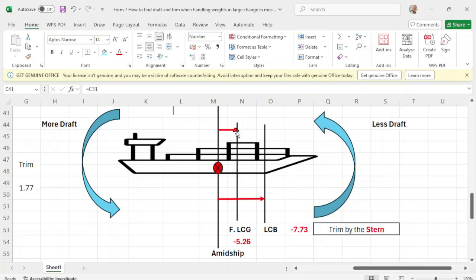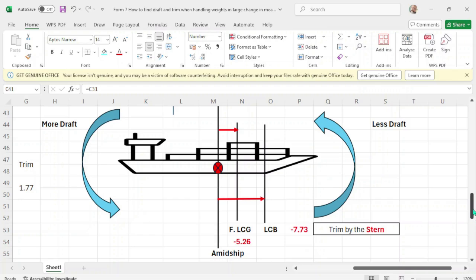Because the weight exerted by gravity will push the vessel downward, which is clockwise. That's why the vessel will go down. So it is like a seesaw. If this goes up, this one goes down. So just take note of that, guys. So you will have less drop here, you will have more drop there.